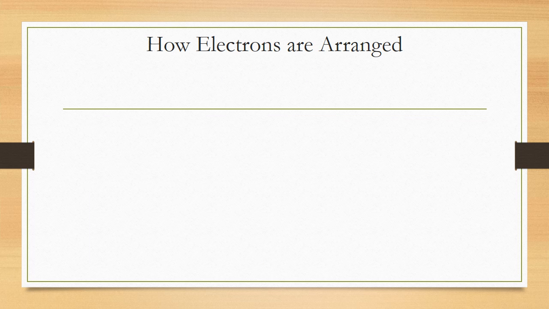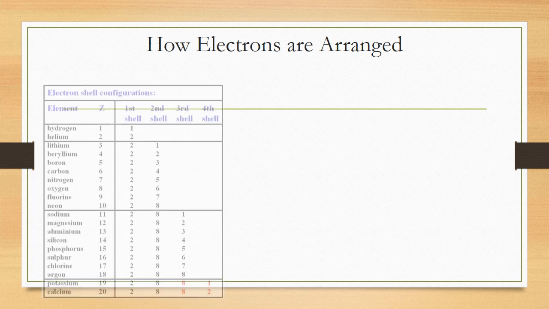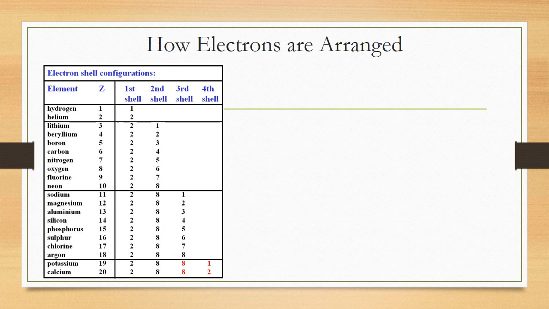So we also have to look at how the electrons are arranged. This is the electron configuration for the first 20 elements, which you have to get used to. You'll notice that there are shells outside the nucleus, and the number of electrons equals the number of protons. There are always 2 in the first shell.